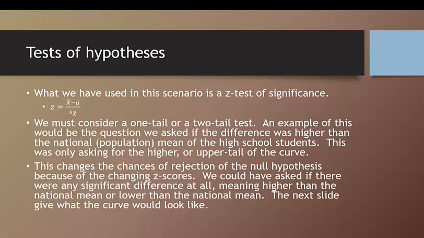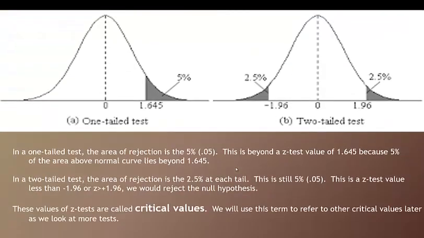We could have asked if there were any significant differences at all, meaning higher than the national mean or lower than the national mean. And in order to understand this, let's look at this test here. So in that one-tailed test, the area of rejection is the 5% or 0.05. This is beyond a z-test value of 1.645.